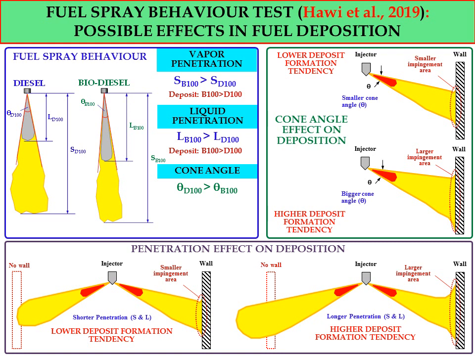Similarly, if you consider liquid penetration, deposit formation for B100 will be higher than diesel fuel. Based on the cone angle result, the cone angle for diesel fuel is greater than the cone angle for biodiesel fuel. So if we based on this parameter alone, we would get more deposit from diesel fuel compared to biodiesel.